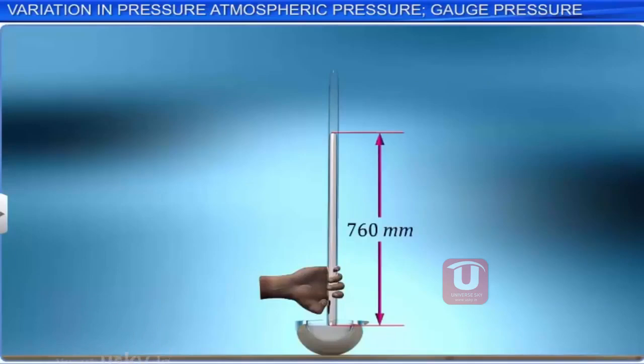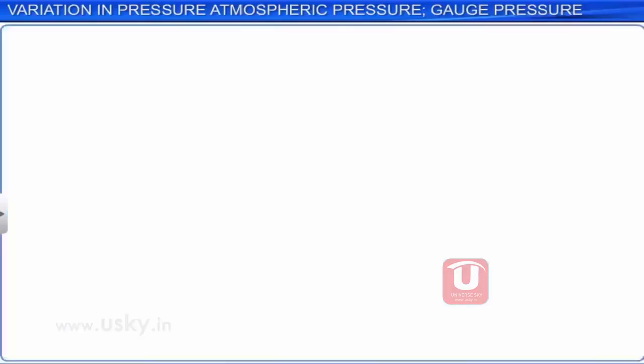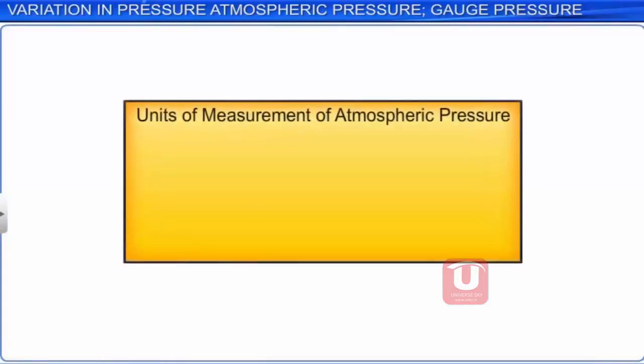It can be measured in millimeters or centimeters of mercury column in the barometer, or Torricelli's. 1 Torricelli is equal to 1 millimeter of mercury column. It can also be measured in Newton per square meter, or Pascal in SI, or dyne per square centimeter in the CGS system, or in bars. 1 bar is equal to 10 raised to the power of 5 pascals.